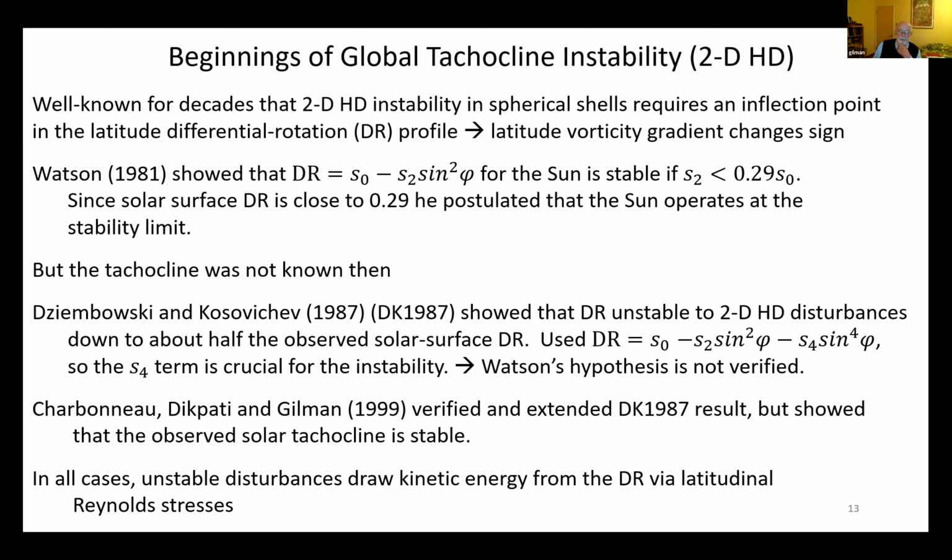Now, Charbonneau, Dikpati, and myself extended their result, but determined that in 2D systems, the observed solar tachocline is actually stable to this kind of perturbation. In all cases, the unstable disturbances are drawing their kinetic energy from the differential rotation via latitudinal Reynolds stresses.